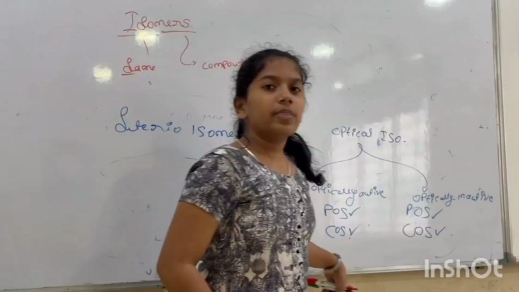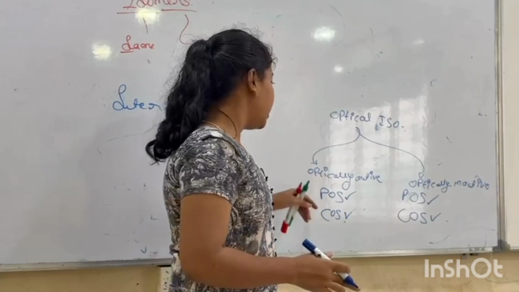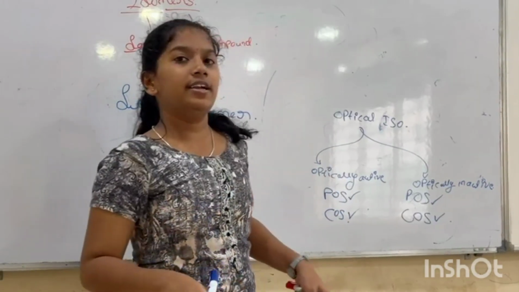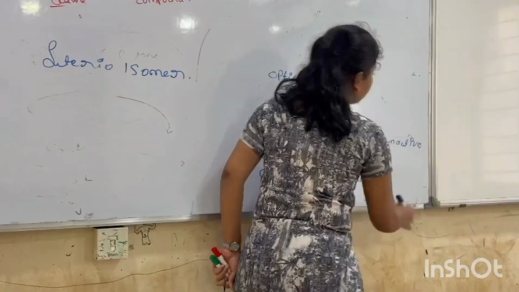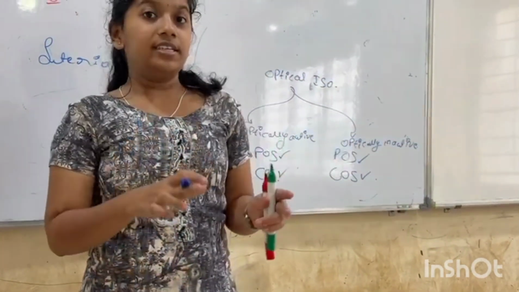Optically inactive compounds are non-chiral centers. They do not contain any type of chiral center. But optically active compounds contain a chiral center.